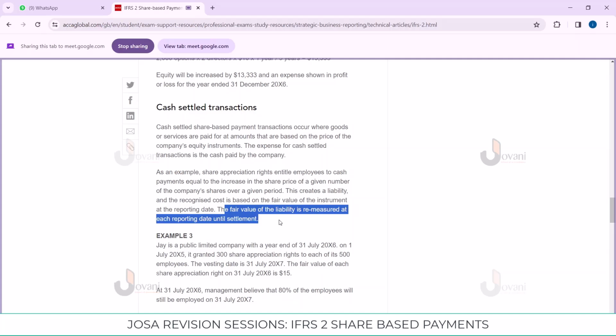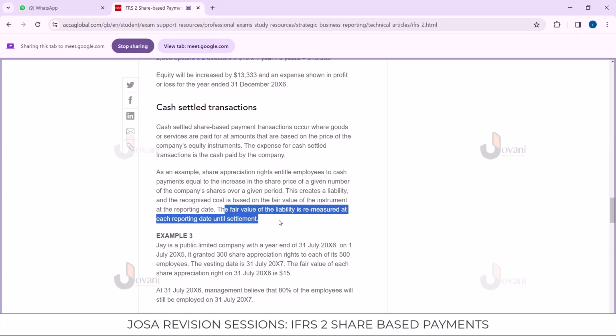If it is between third parties and the company, the transaction value is the fair value of the goods. And if you can't get the fair value of the goods received on that date of receiving them, then you use the fair value of the equity instruments at grant date. We don't revise the fair value of the equity instruments going forward.